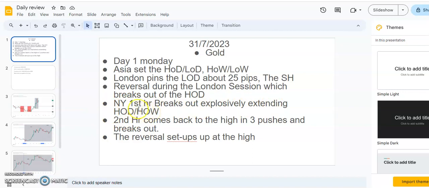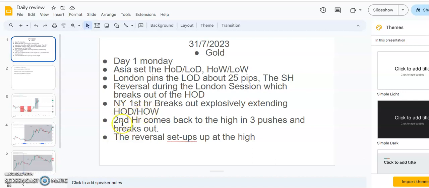When I see this, high of the week is my really main point, because I only take trades at the high of the week. And there is a simple formula that I follow. If it does not give me that formula, I'm not ready to risk my money if I am not following my plan 100%.